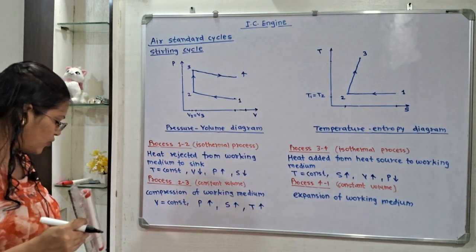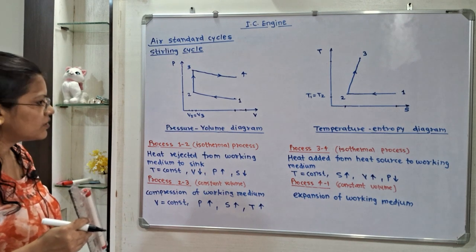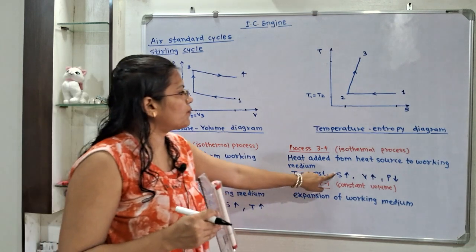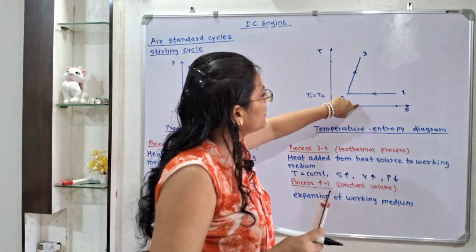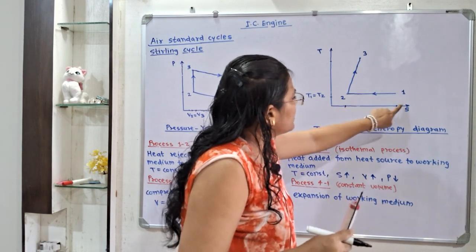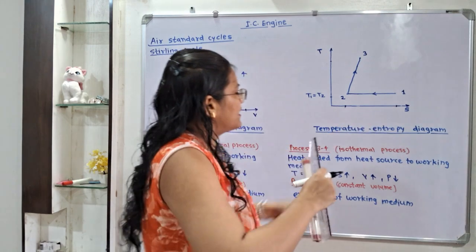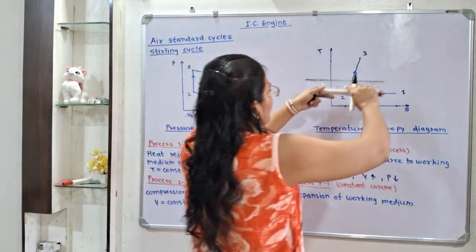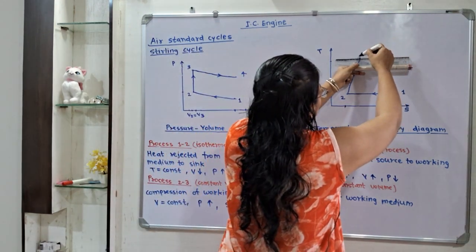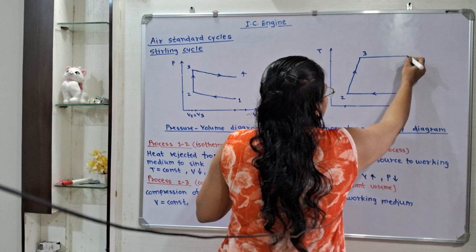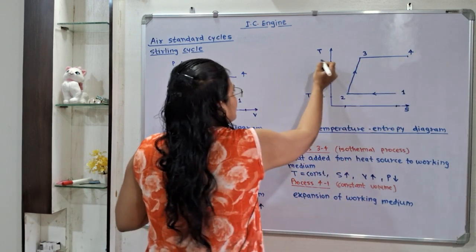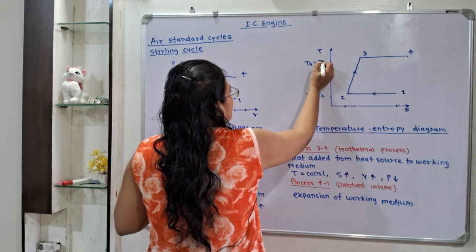So we have to show the increase in entropy. That means point 3 entropy is here and we have to show the increase in the entropy, that is on the right hand side, and temperature is constant. So we will show here the straight horizontal line. So here is the point 4. So here T3 is equal to T4.